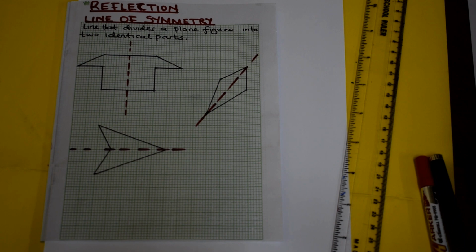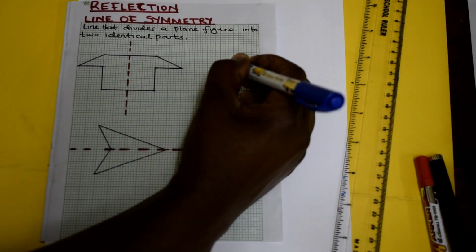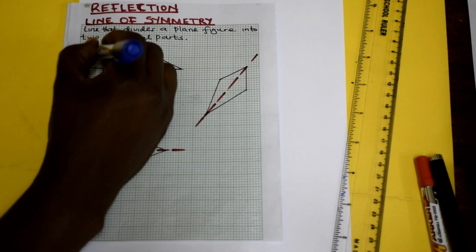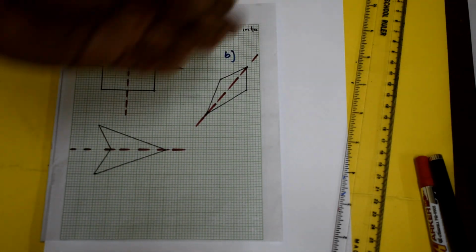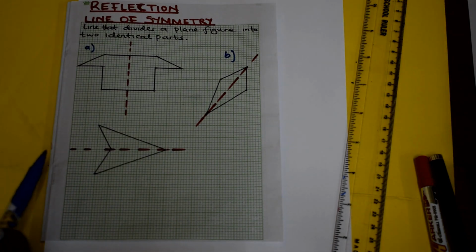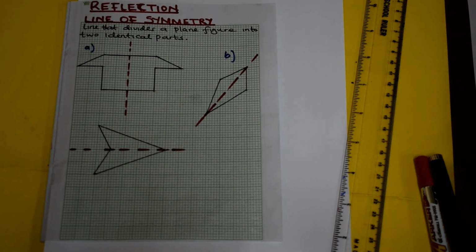So consider the three figures which have been given. The first one, the line is already drawn, and we can see that this one has a vertical line of symmetry, as it is shown there. Then consider the second one, and if you consider this, we are going to see that the line is drawn in that direction, and then this one is drawn horizontally.